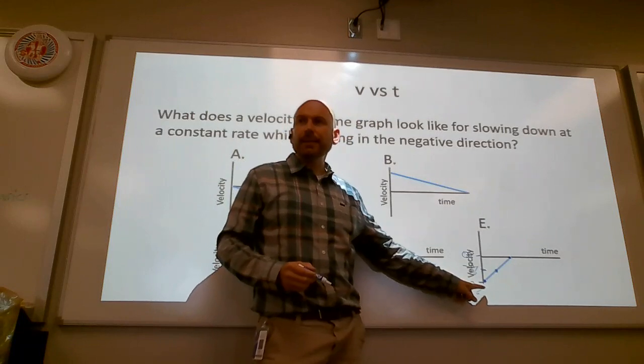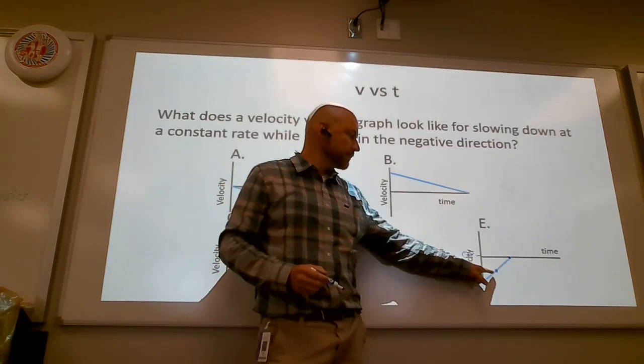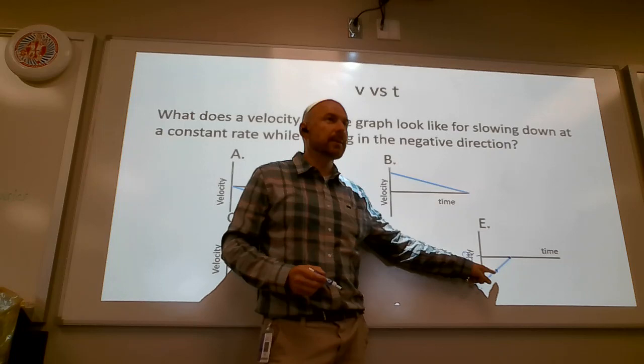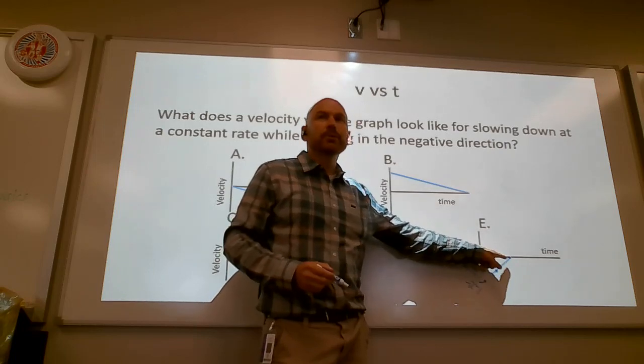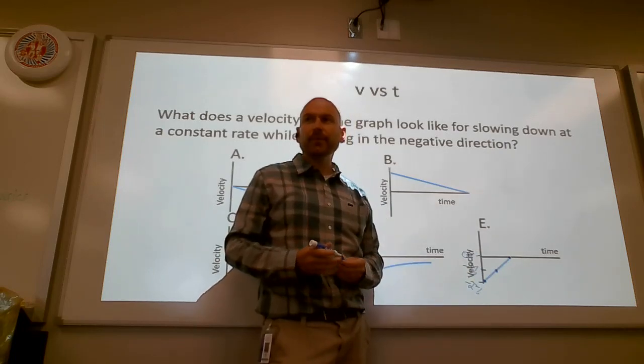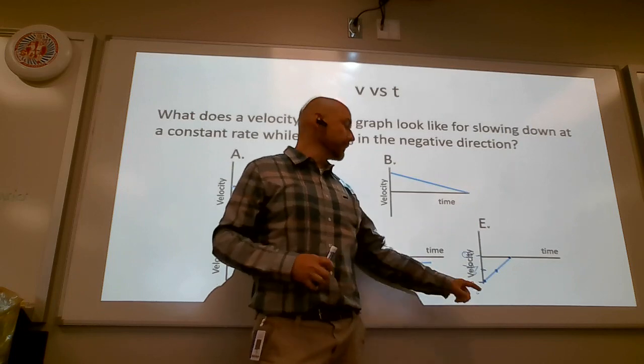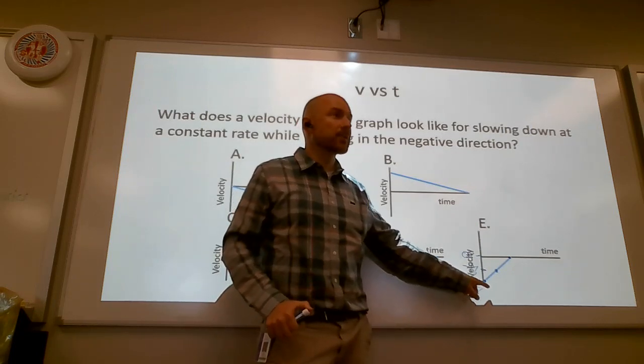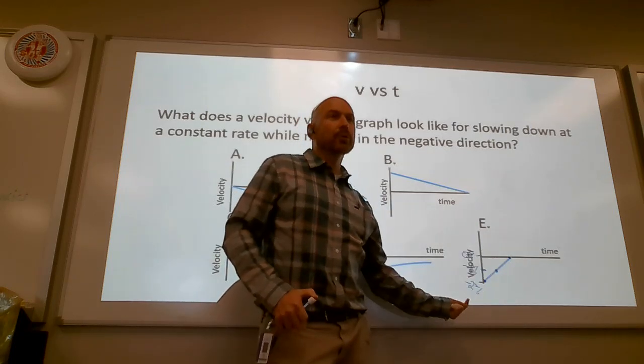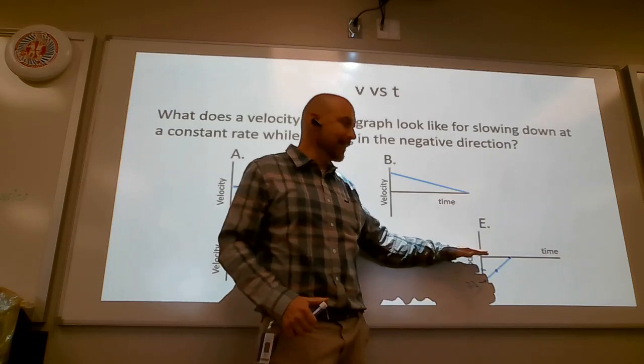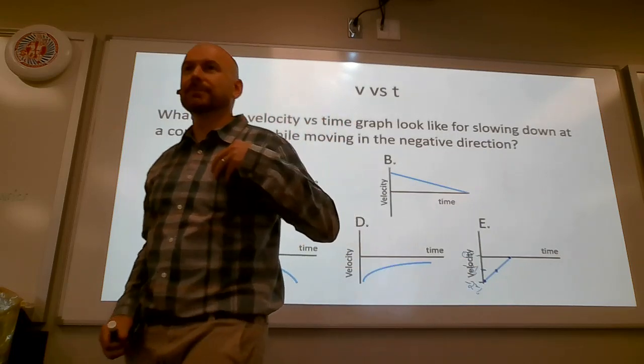Two meters a second in the negative direction. 1 meter a second in the negative direction. 0 meters a second. Putting that all together, you start fast in the negative and slow down, moving towards 0 meters a second, moving towards the x-axis.